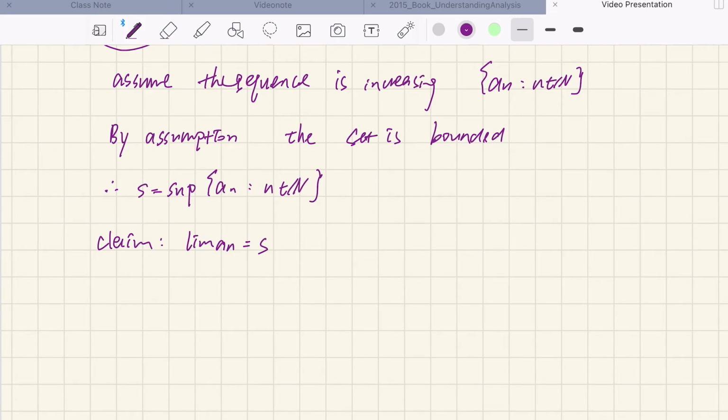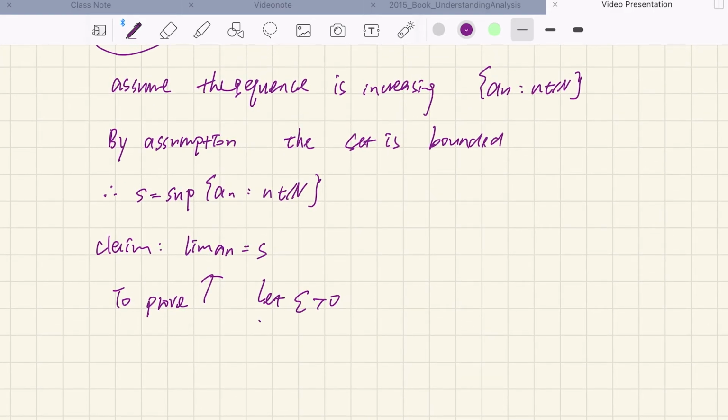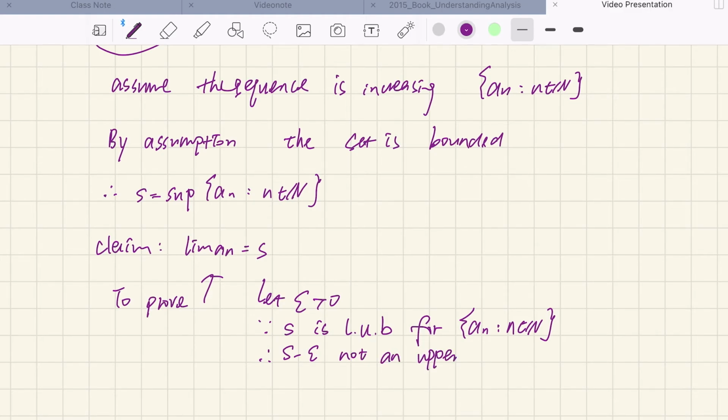But we also have to prove this claim. To prove this, we will let epsilon bigger than 0. So because S is the least upper bound for the sequence an, n belongs to the natural number, S minus epsilon is not an upper bound because epsilon is bigger than 0.